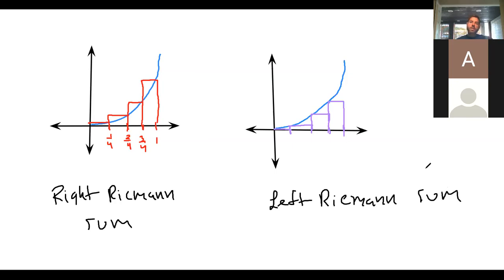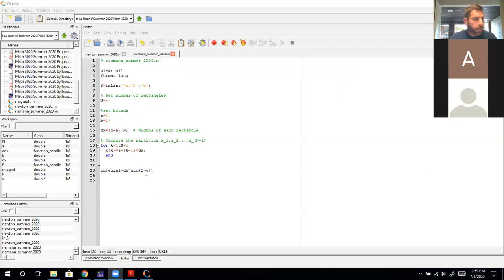So the reason I got the incorrect answer earlier was that I wasn't doing these 4 rectangles or these 3 rectangles. So if I go back to my screen, and hopefully you're seeing Octave, what I need to do is subtract off.